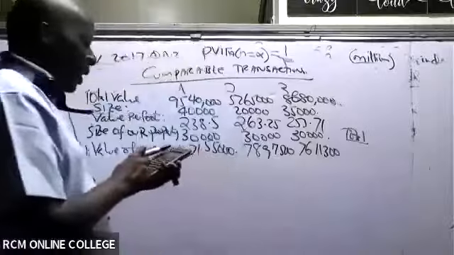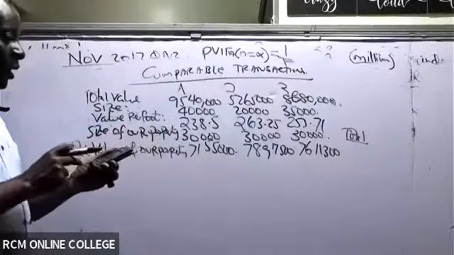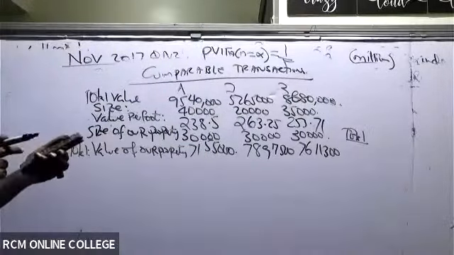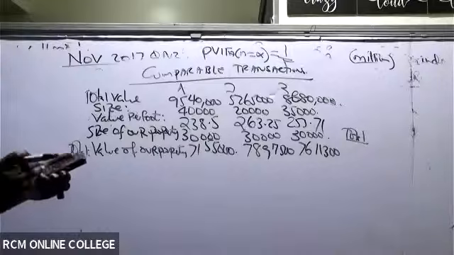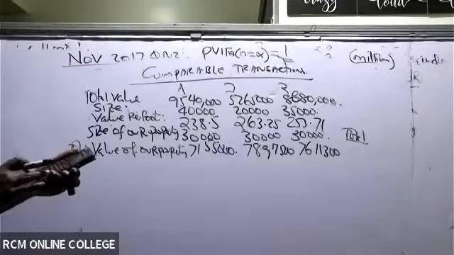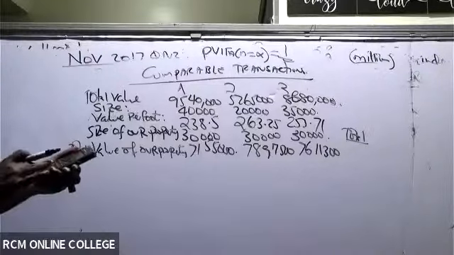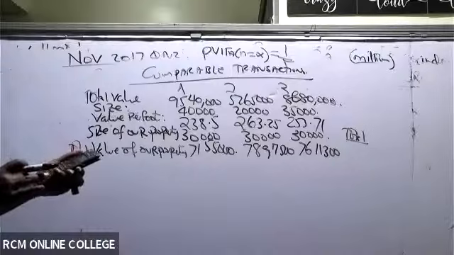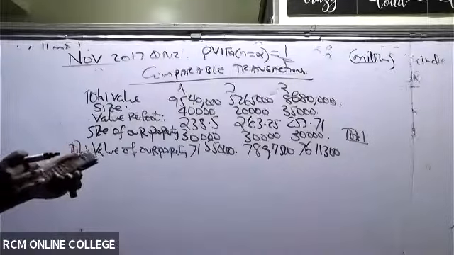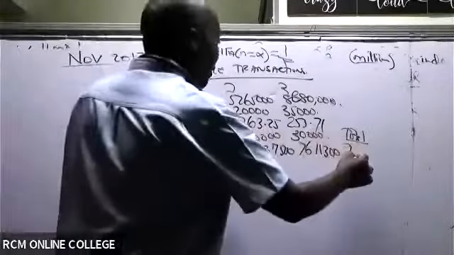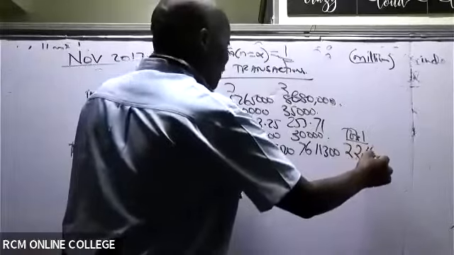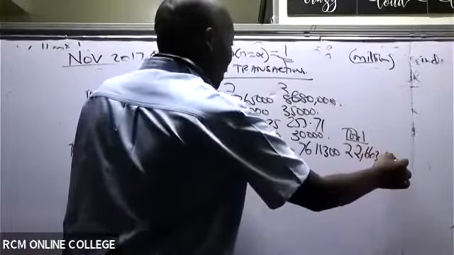giving us what total? The total here will be 7,897,500 plus 7,155,000 plus the third, which equals quite a high figure, 22,663,800.